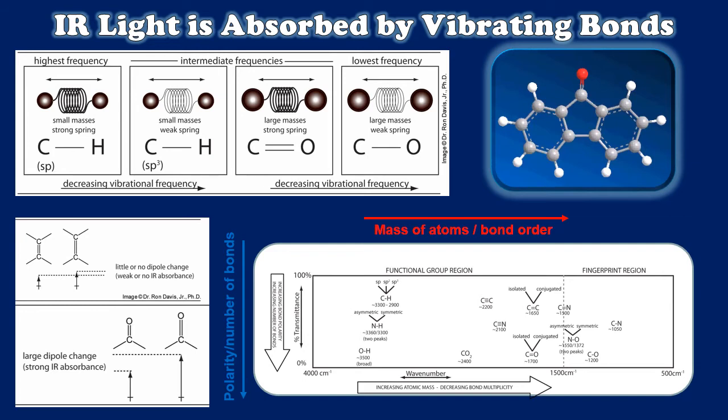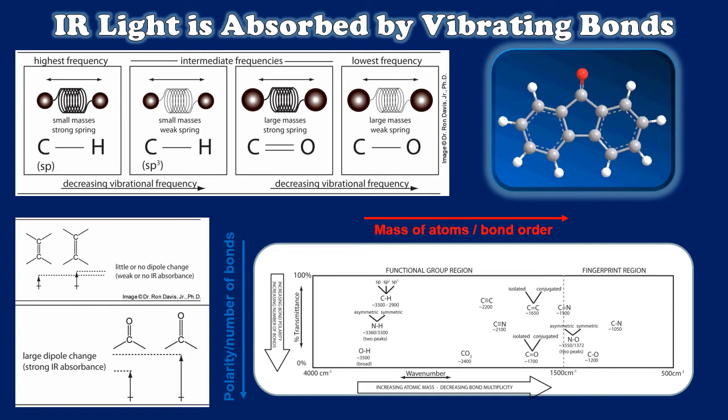But a bond of higher polarity, for example, these carbonyl bonds down here, when they stretch by just a small amount, can create a much larger difference in the dipole. And it's this change in dipole that is the selection rule for infrared spectroscopy. So the polarity of a bond has something to do with how strongly it's going to absorb infrared light of a particular frequency.